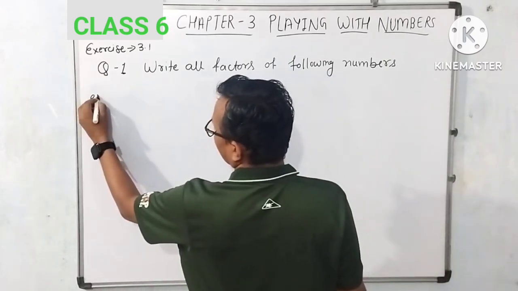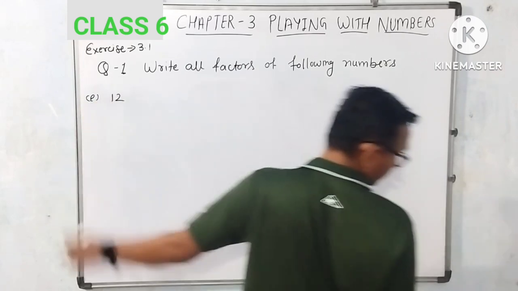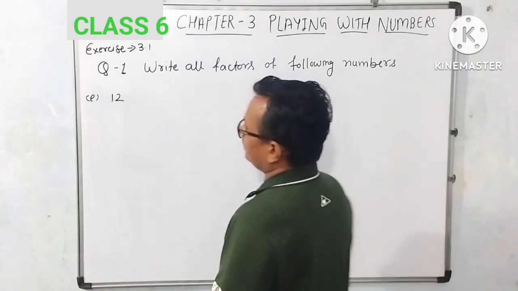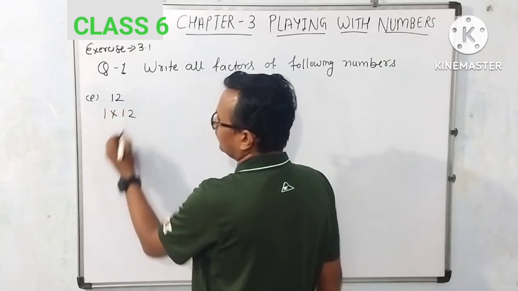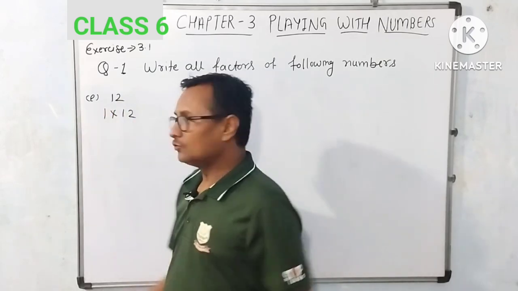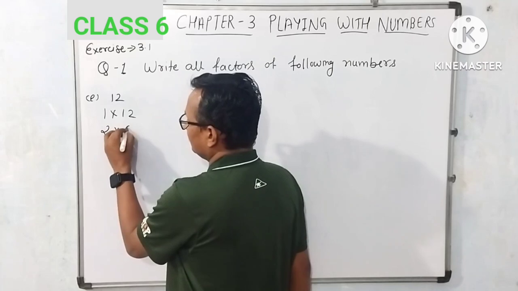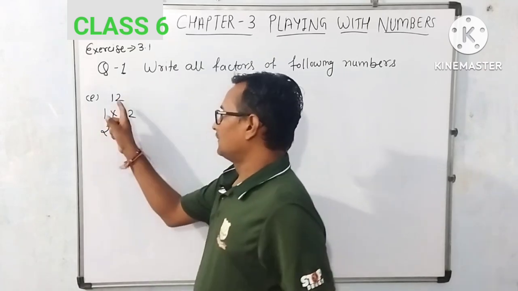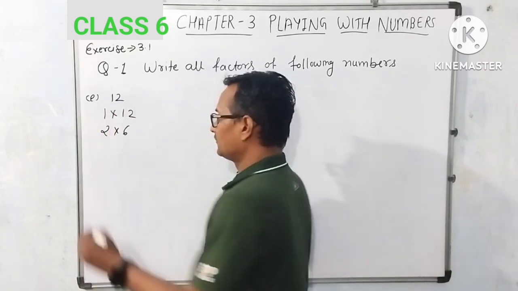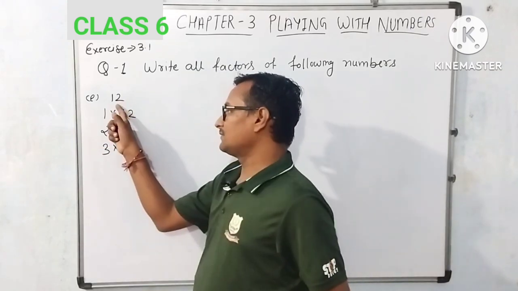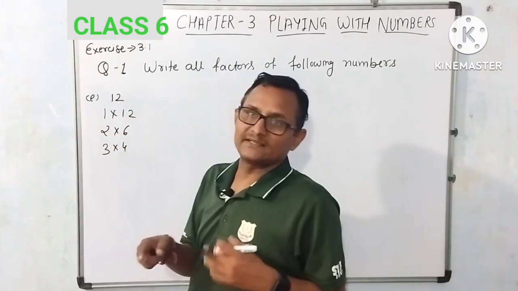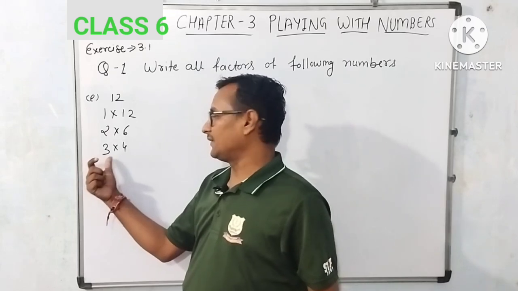E, 12. So again we have to start from 1. 1 into 12. 12 comes in the table of 2. So 2 6s are 12. 12 comes in the table of 3. So 3 4s are 12. 12 comes in the table of 4, but 4 3s are 12, and already we have written 3 into 4.